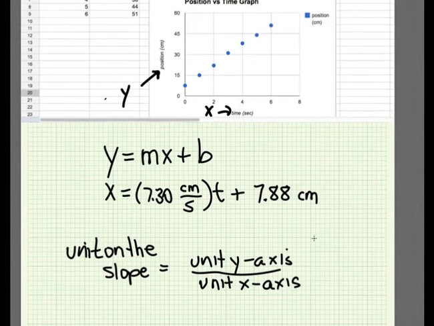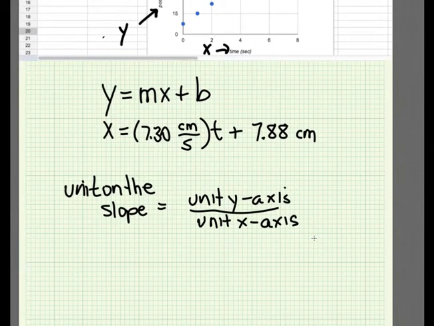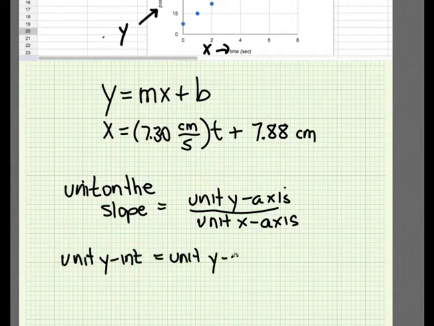And then last but not least, the unit on the y-intercept is going to be whatever the unit is on the y-axis.